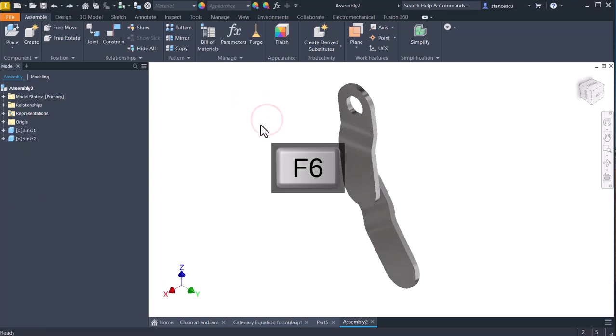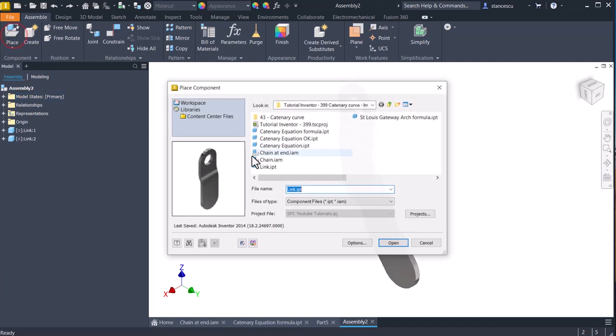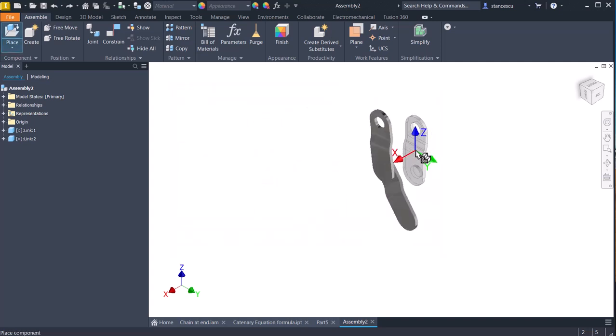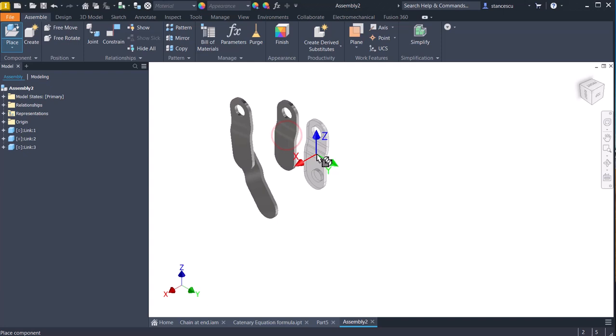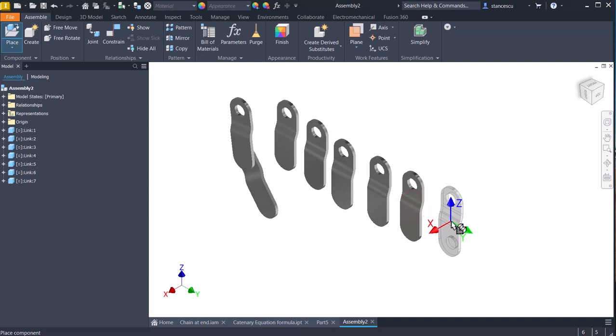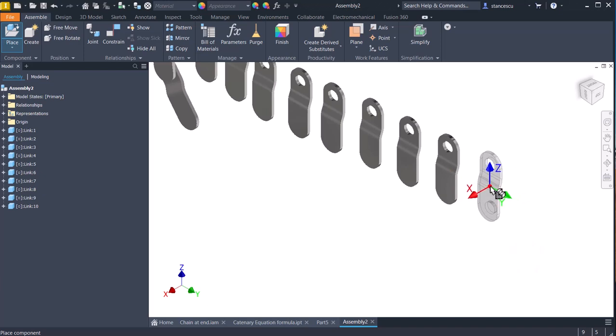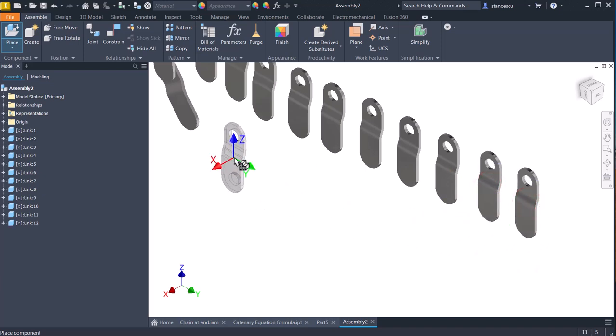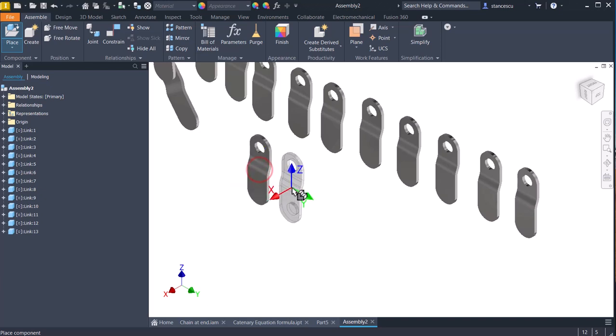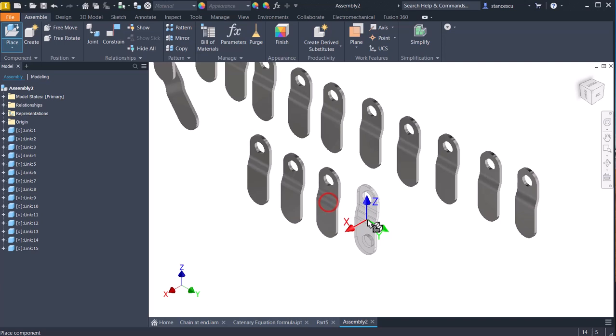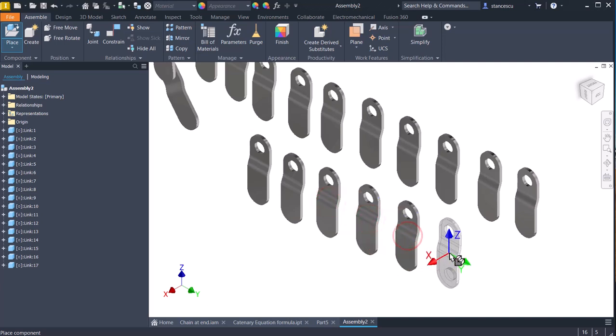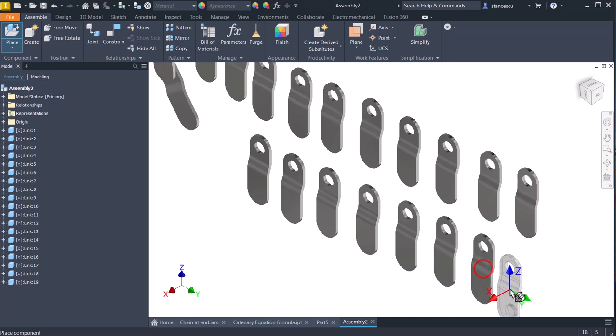I continue by adding the other 18 links. 1, 2, 3, 4, 5, 6, 7, 8, 9, 10, 11, 12, 13, 14, 15, 16, 17, 18.